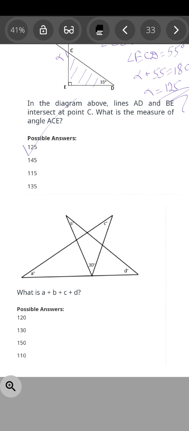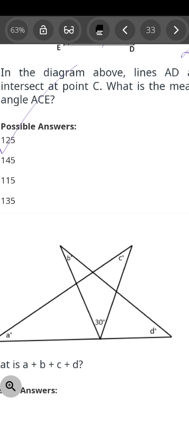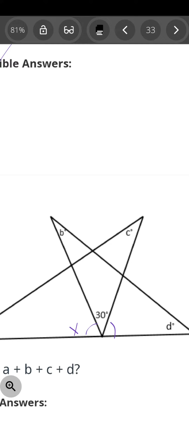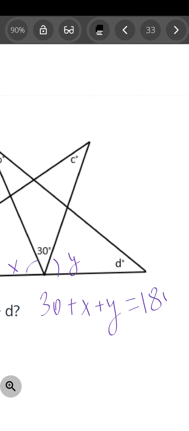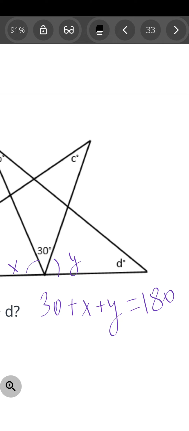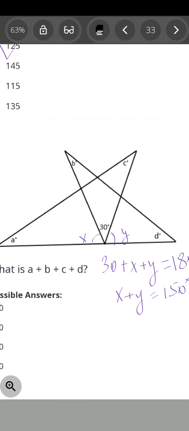Our next question is: what is a plus b plus c plus d? Okay, let's denote these angles by x and y. We know that the measure of a straight angle is equal to 180 degrees. So we can write 30 plus x plus y is equal to 180 degrees. Let's subtract 30 from both sides of this equation. We'll get that x plus y is equal to 150 degrees. And we know that the sum of the interior angles of a triangle must be equal to 180 degrees.